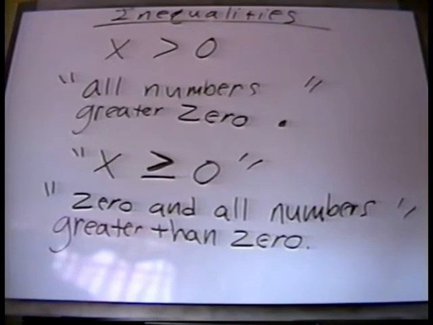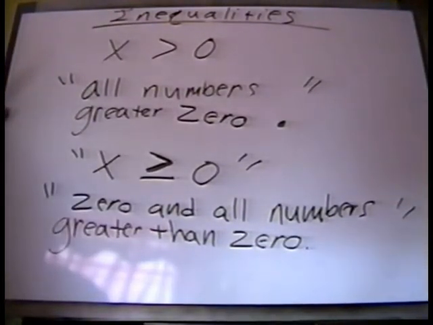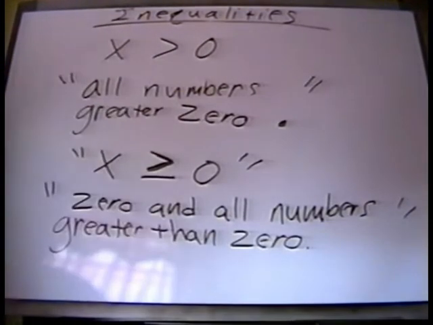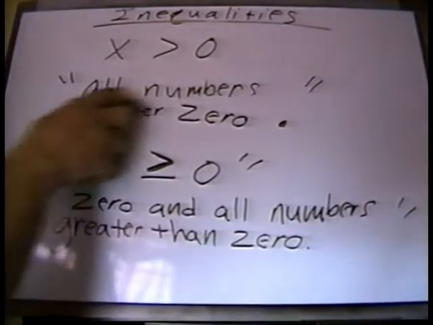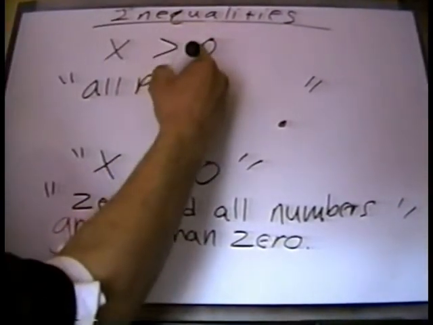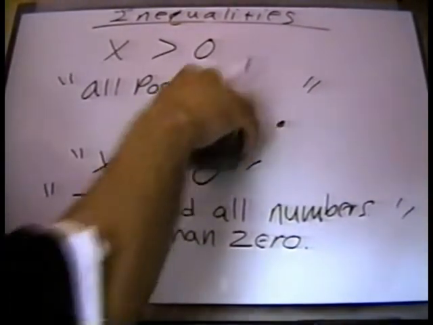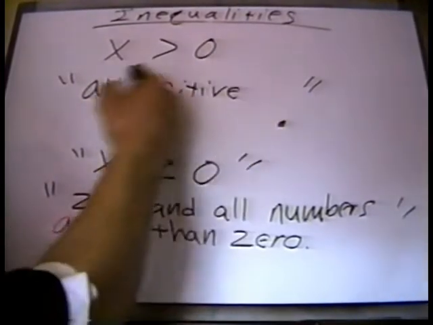Or now if we simply had, for example, all numbers greater than 0, that's also all positive numbers. All positive numbers.